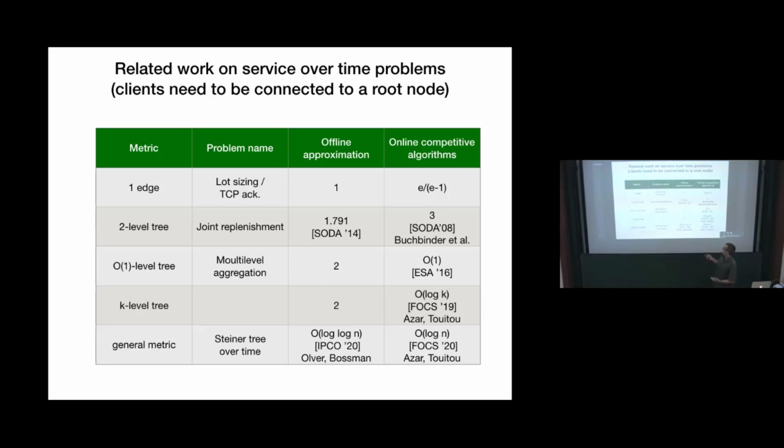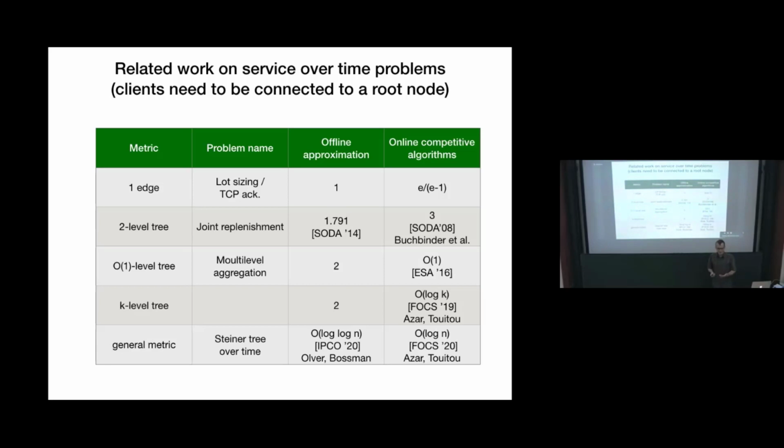In this top line, the metric is a single edge, so clients arrive, say, at the bottom and the root is at the top. These problems were studied by two communities: operations research people call it lot sizing, systems people call it TCP acknowledgement, and it was studied in the online setting.